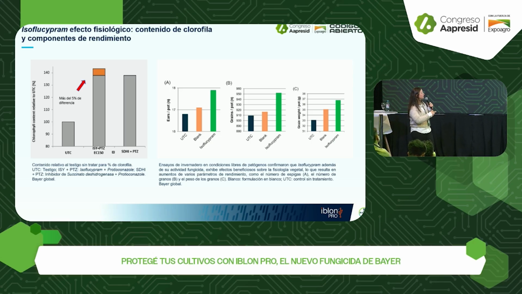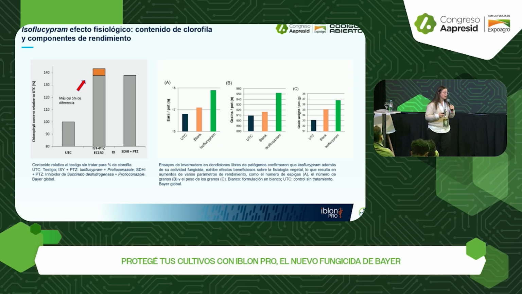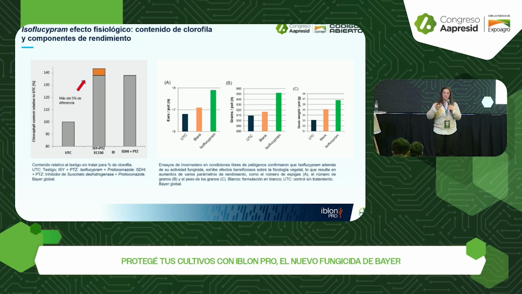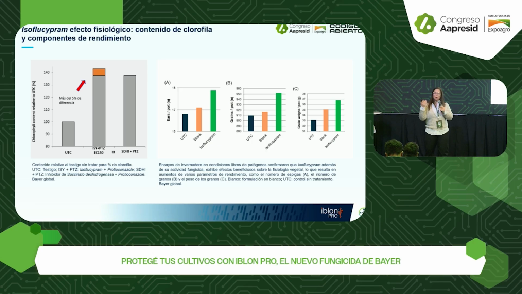Specifically, we're going to focus on the first graph and what that orange bar means. Having larger chlorophyll content in the leaves is telling us precisely that there is a physiologic effect and a green effect, and we can see this in the field.